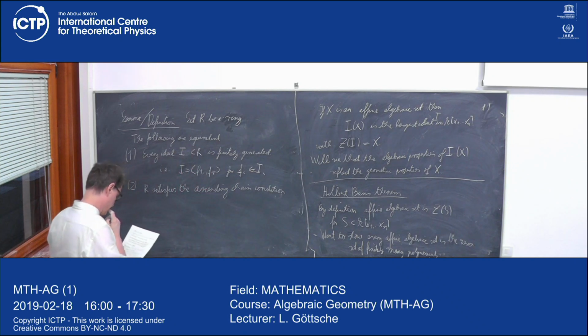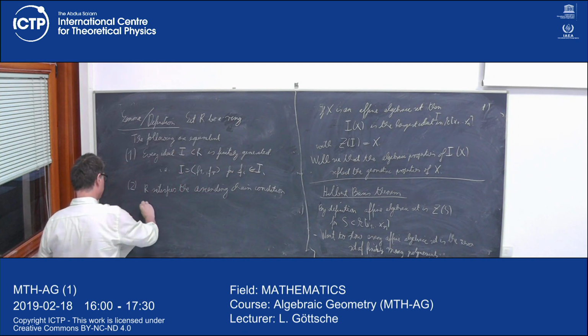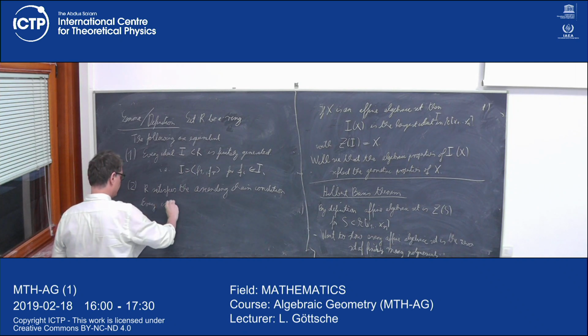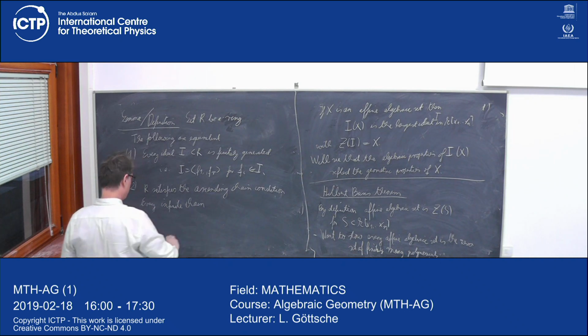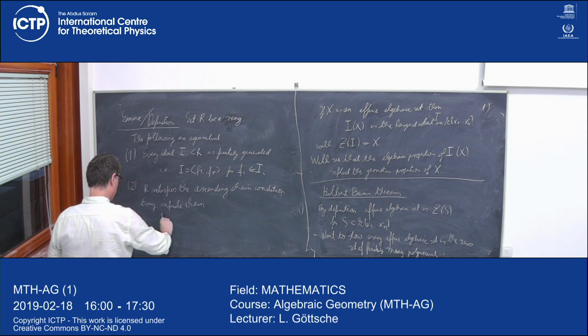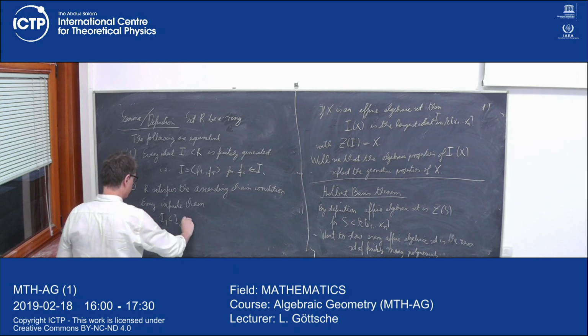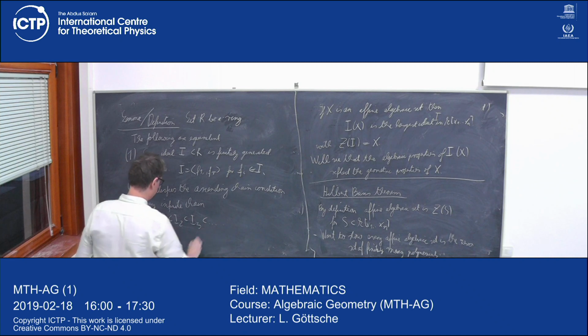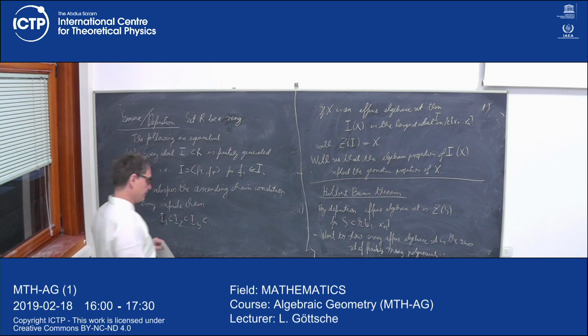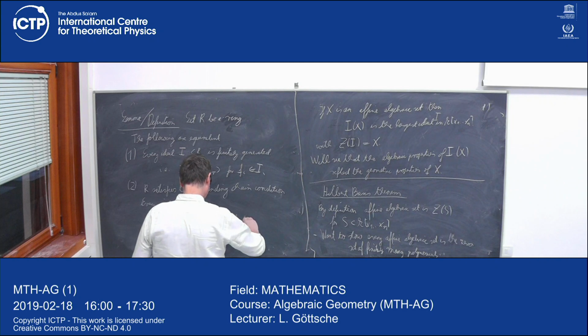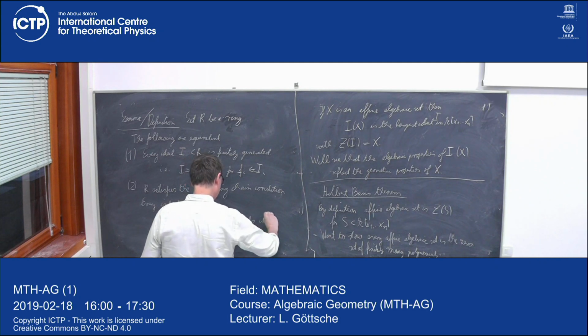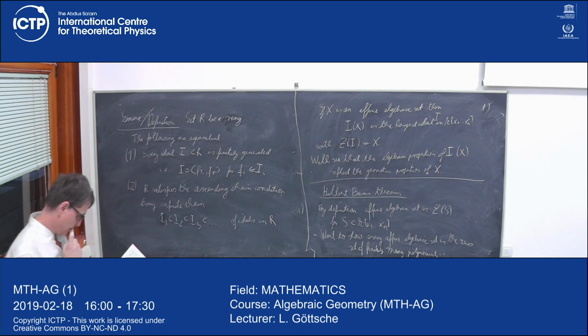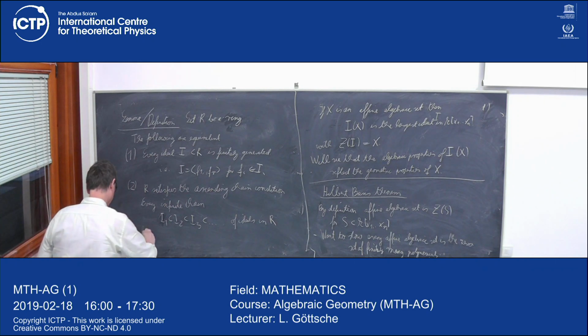That means every infinite chain I1 contained in I2 contained in I3 and so on, of ideals in R, becomes stationary.